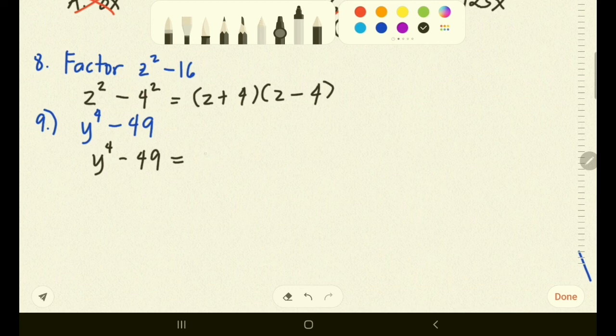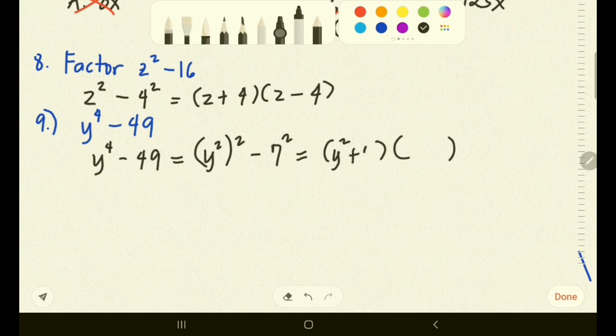So express each to the power of 2. So y squared, quantity squared, minus 49 is 7 squared. So that becomes y squared plus 7 and y squared minus 7.